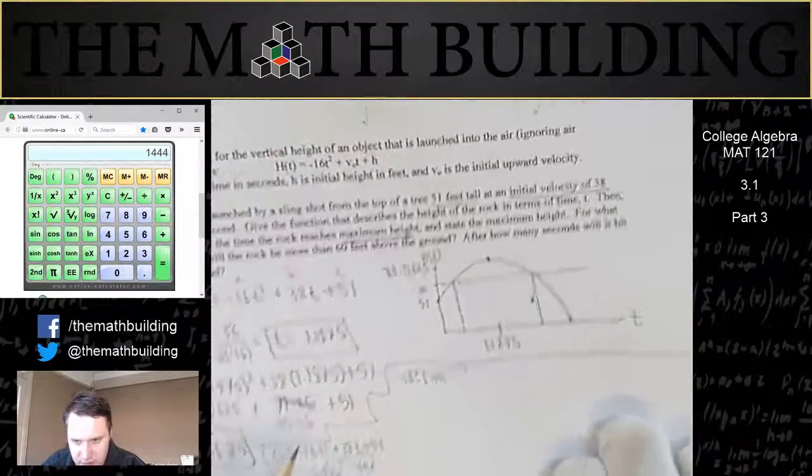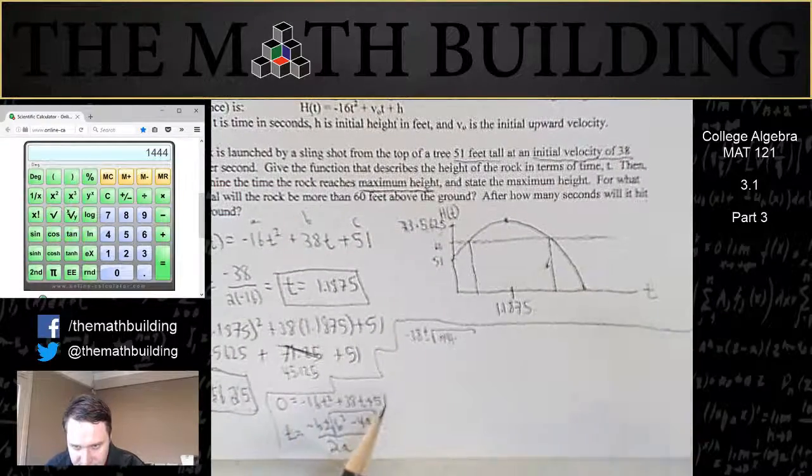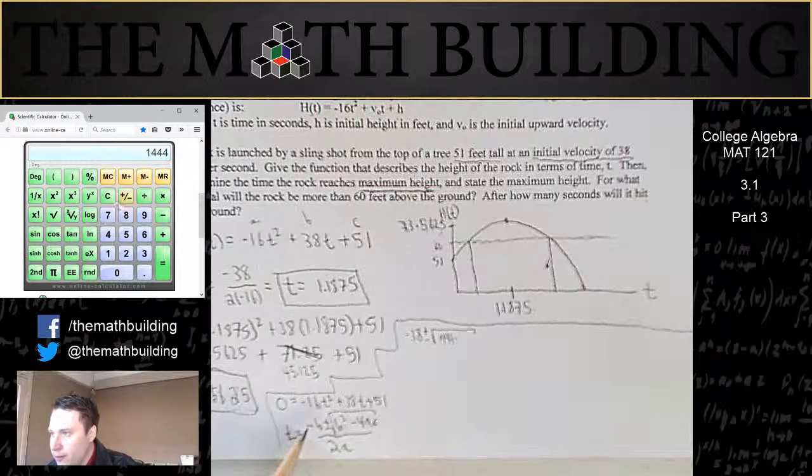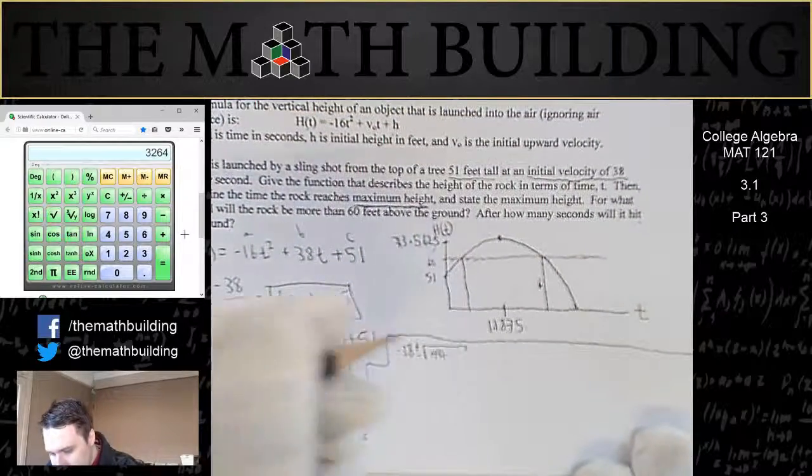Oops, you can't see what I'm doing. Minus 4 times a times c, so 4 times 16. 4 times 16 times 51 is 3264.